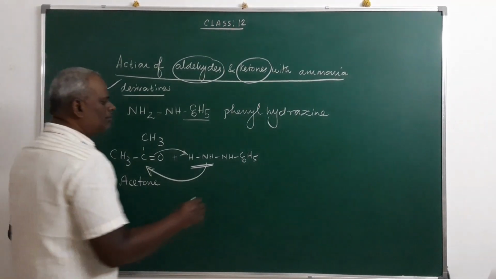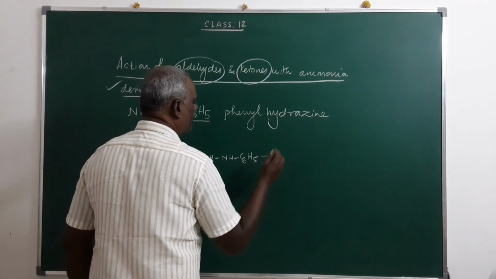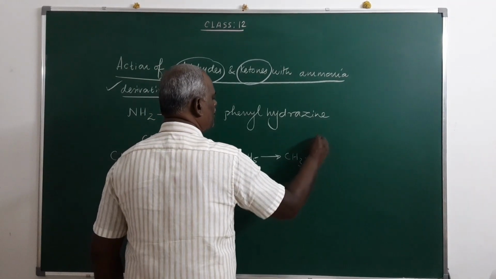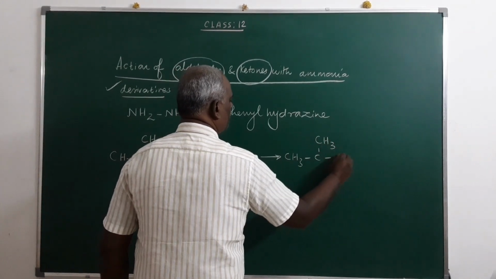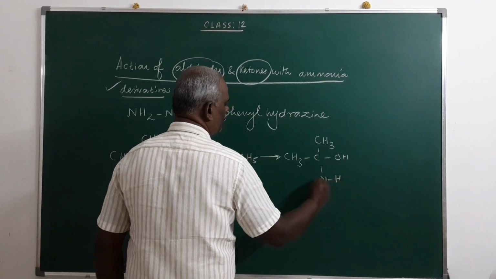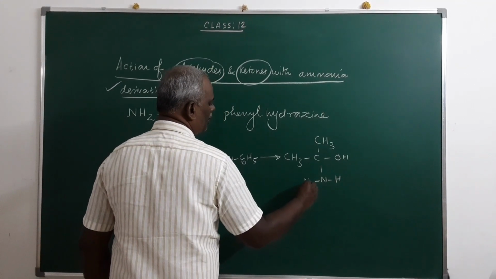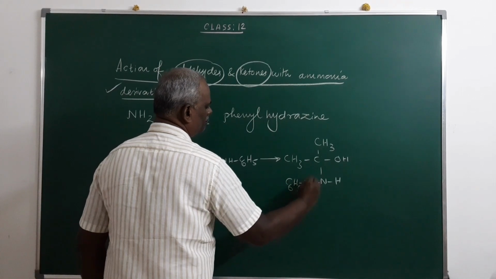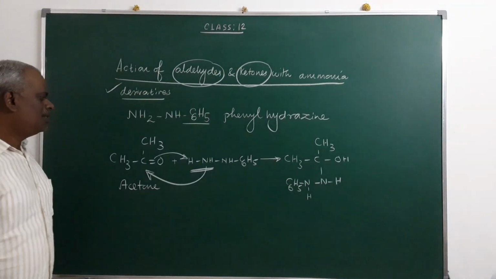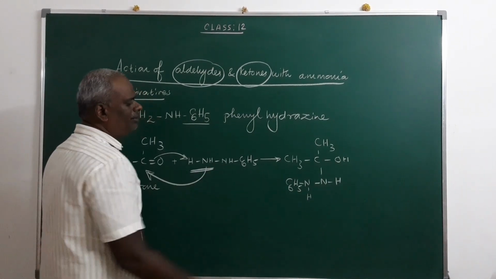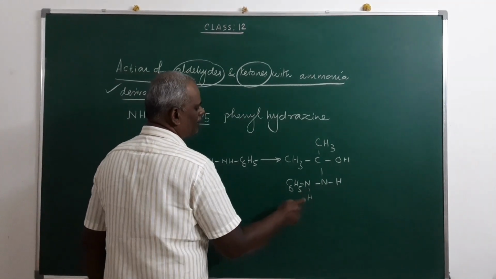Protonation. Execute the change and find a product. You can have CH3, CCH3, it becomes OH. Here I can write NH, NHC6H5. Just see this, NHC6H5.